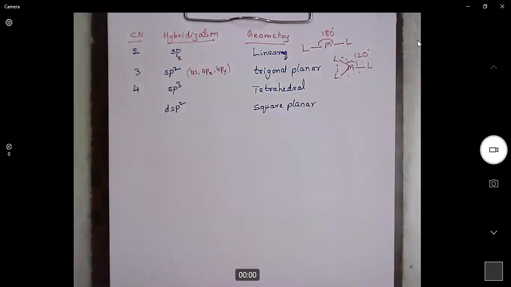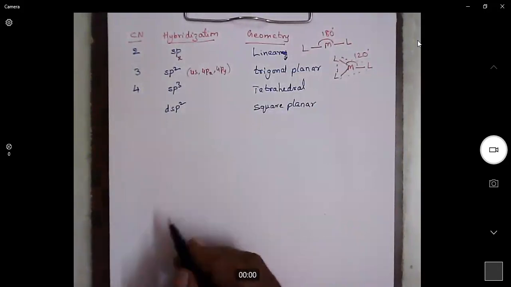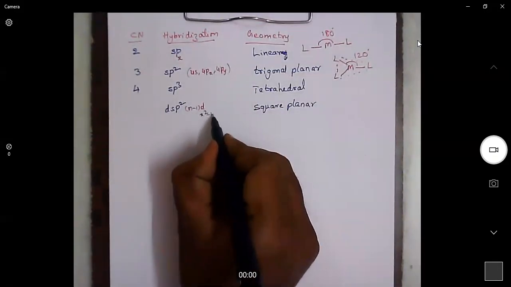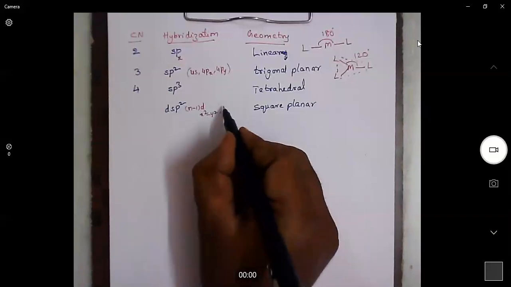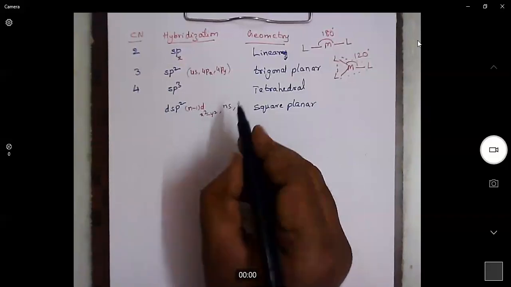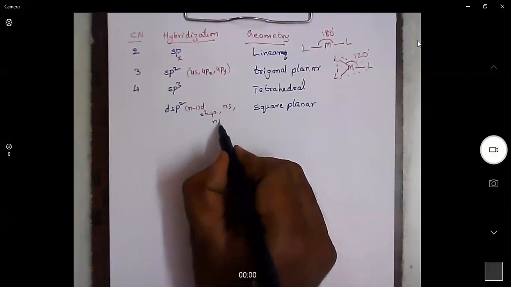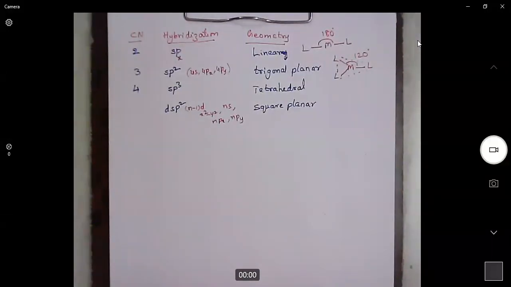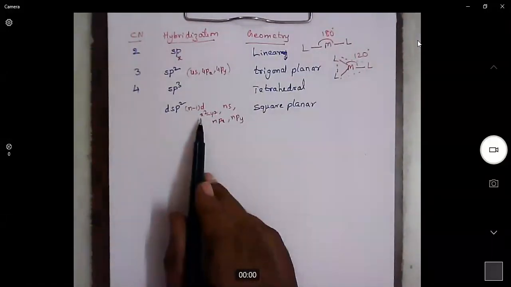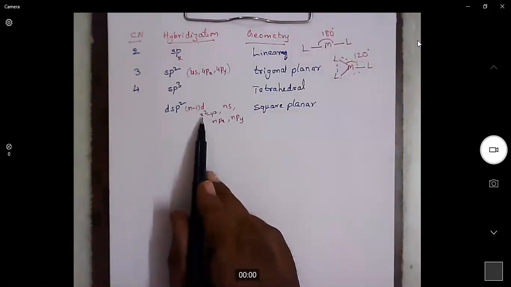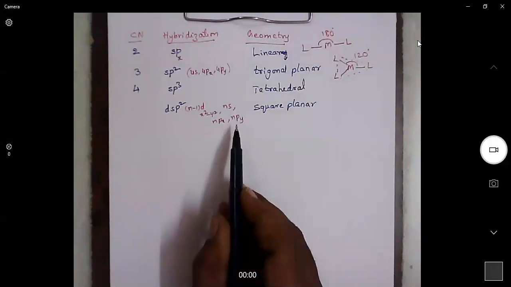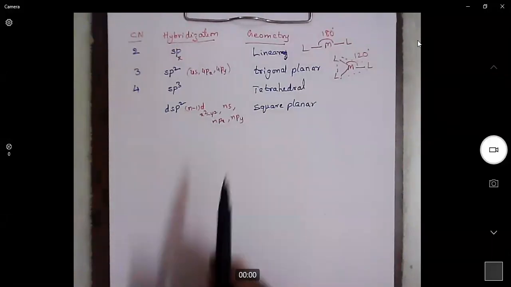When it undergoes dsp2 hybridization, generally it is inner d orbital, x square y square orbital, then ns orbital, then npx, npy orbitals. The x square y square orbital is distributed along the x-axis and y-axis. So we also use npx orbital and npy orbital. So these are the 4 orbitals here.